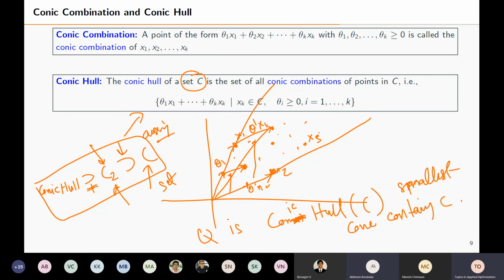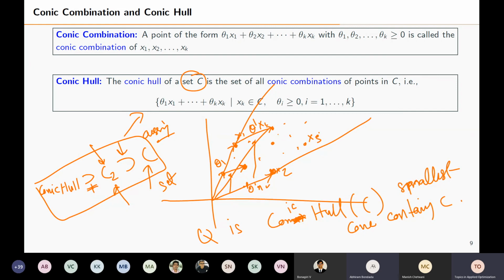I am assuming that the cone has some points fewer than the conic hull, but still satisfies all the properties of a cone, that it is convex and all. So we will take that single point that can be written as a linear combination.